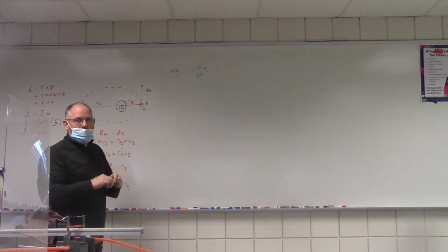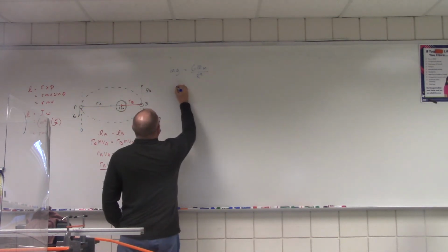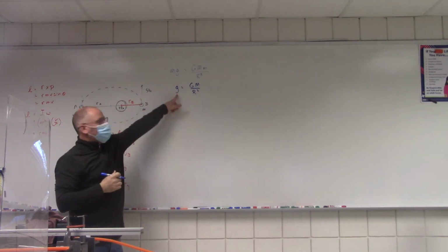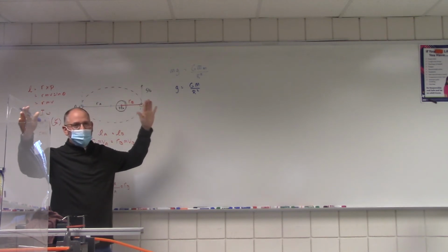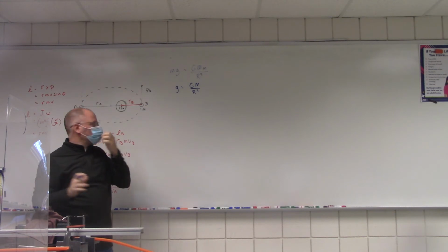So this is at the surface, correct? This is at the surface. So my g value is going to be equal to GM all over r squared. This is the acceleration due to gravity, or the gravitational field strength. They're just assuming you know that those two things are conceptually different but mathematically the same.